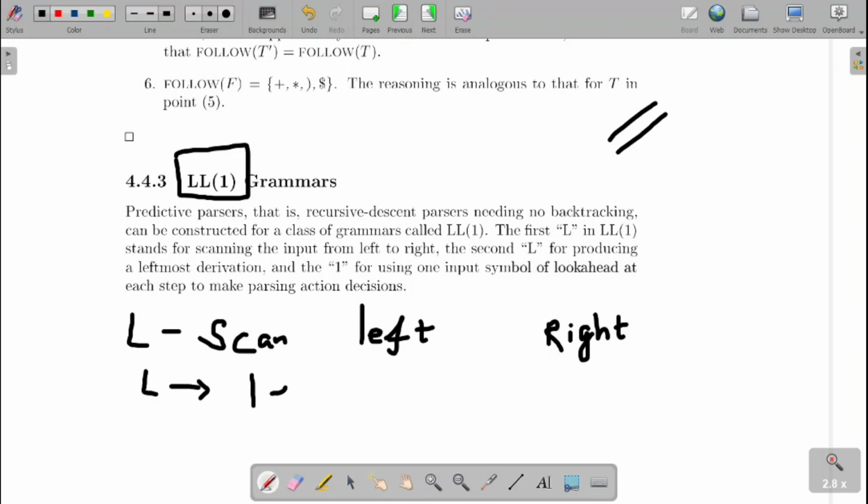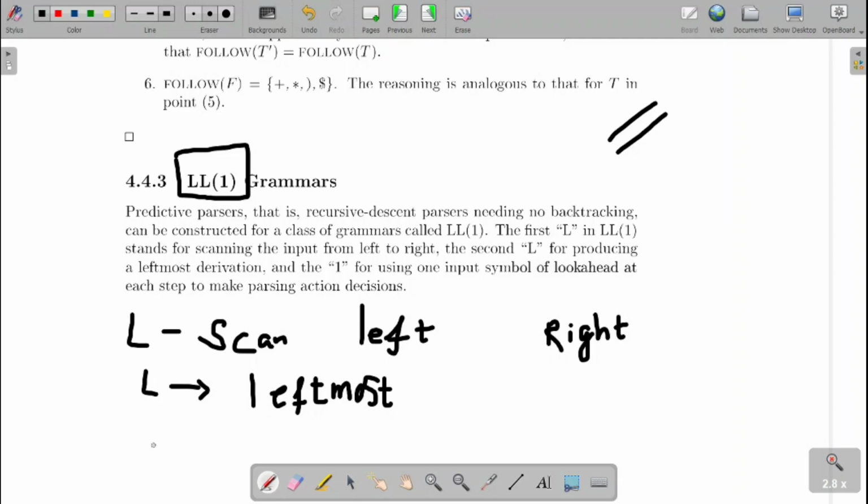The second L stands for applying the leftmost derivation. We learned different ways of deriving: one is the leftmost and the other is the rightmost derivation. Leftmost derivation is the case wherein for every leftmost non-terminal the productions are applied first.